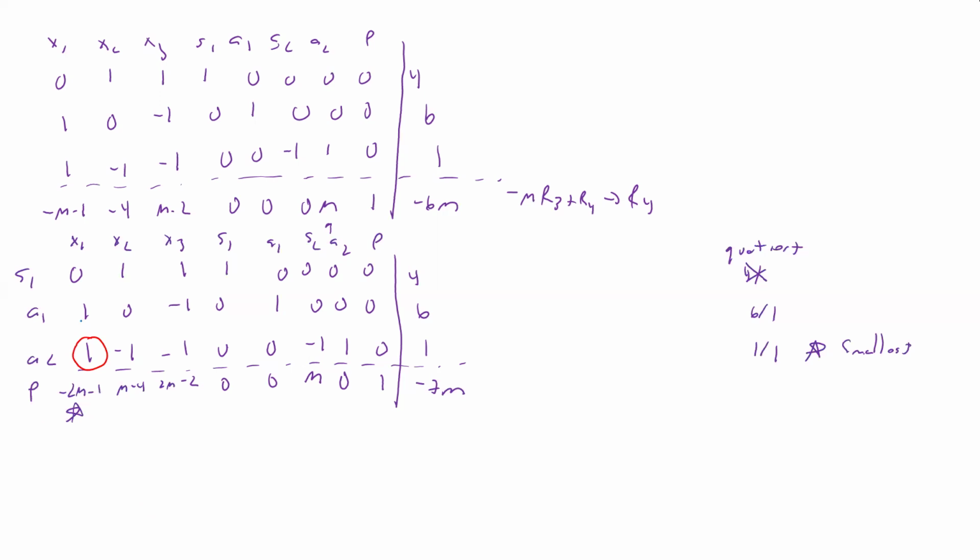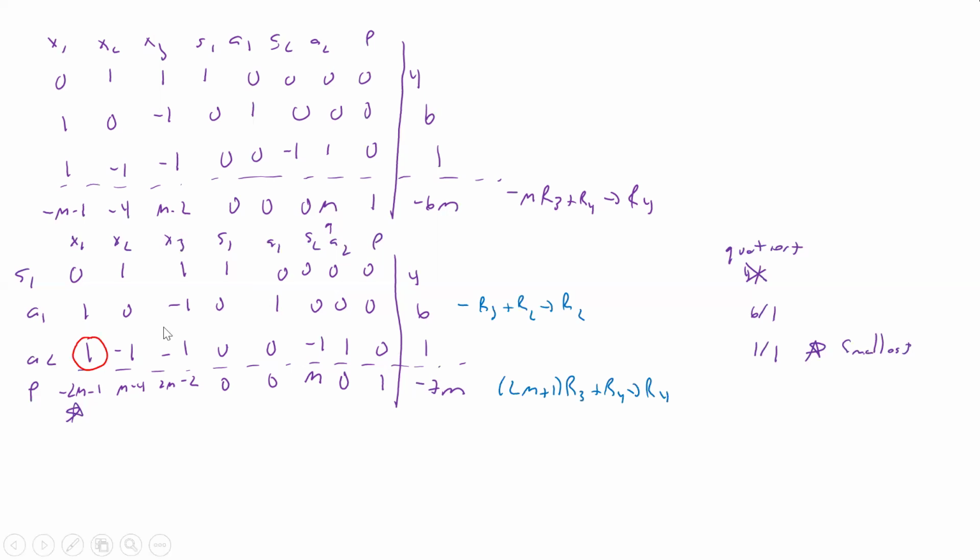Let's now figure out what we have to do. Well, that's a 0, so now we just have to take a minus 1, 2, 3, row 3 plus row 2 goes to row 2. And here we have to take the opposite signs of that. So we're going to take a 2m plus 1 times row 3 plus row 4, and that's going to be our new row 4. And that should give us 0, a 0, and a 0.